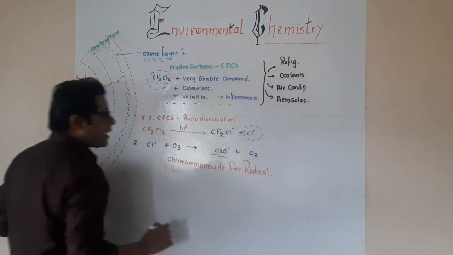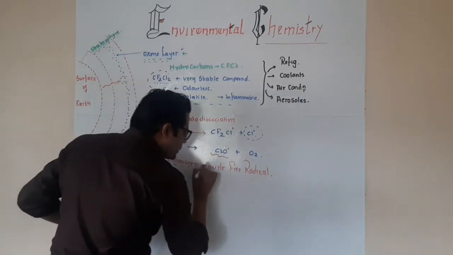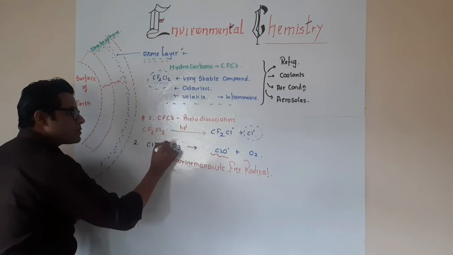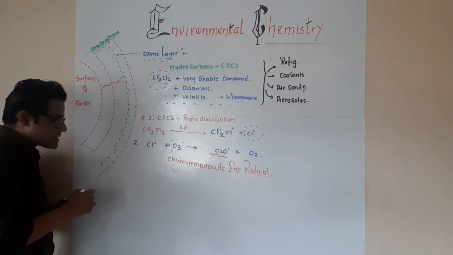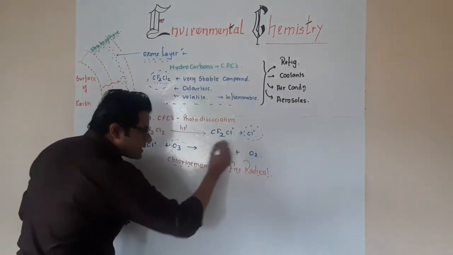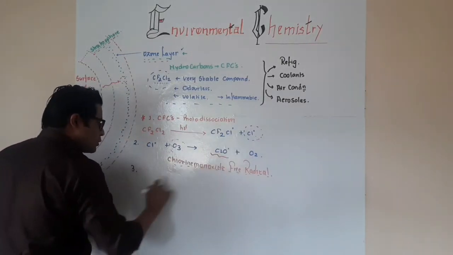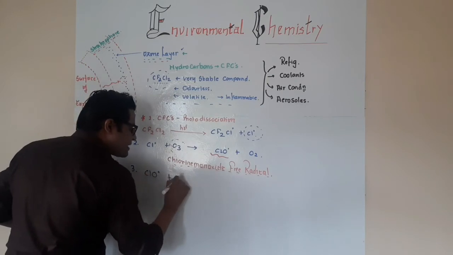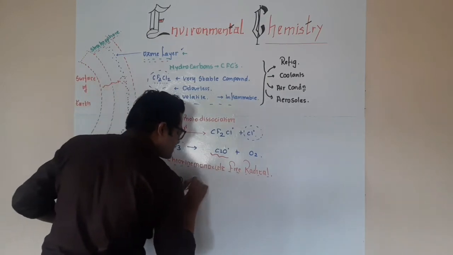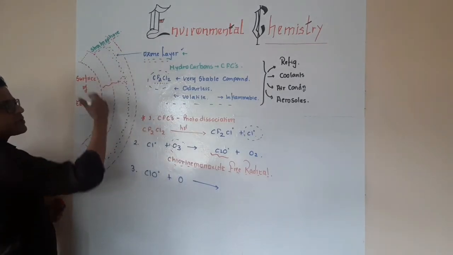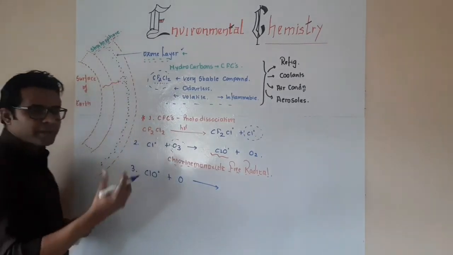So this chlorine monoxide free radical is formed on reaction with ozone. In the next step, the chlorine monoxide free radical reacts with the oxygen atoms which are present in the stratospheric region.